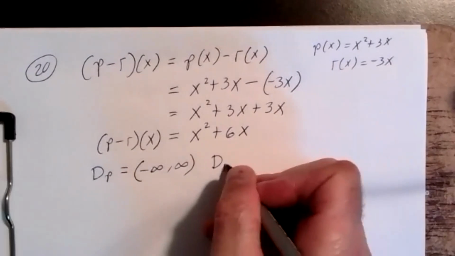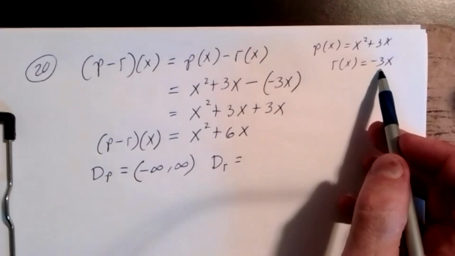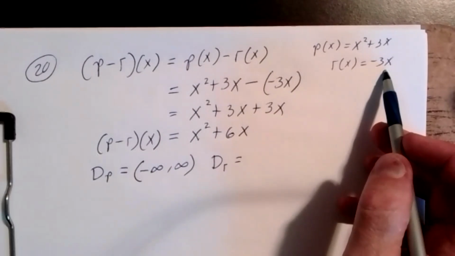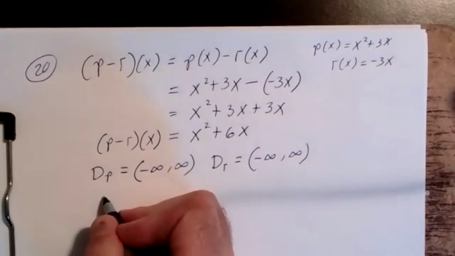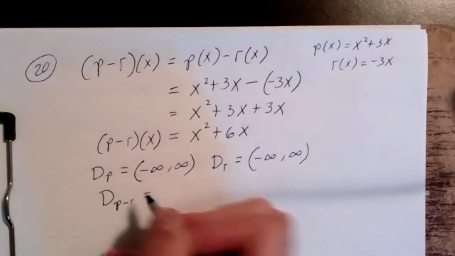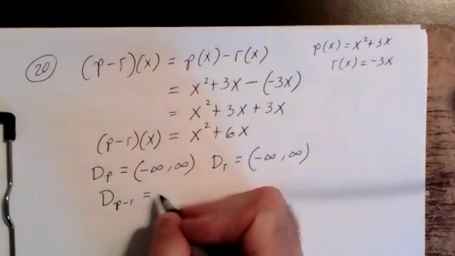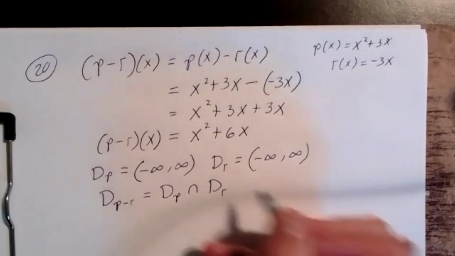What would be the domain of function R? Function R is also a polynomial function. It happens to be a linear function, but it's a polynomial function. So its domain is also all real numbers. So therefore, what's the domain of this new function called P minus R that we formed? Well, the domain of that is going to be the intersection of the domains of the component functions.